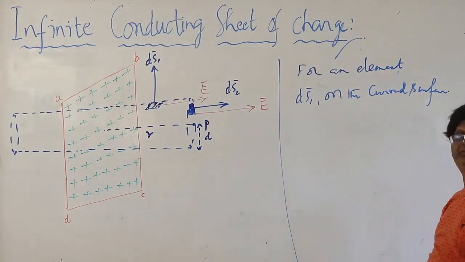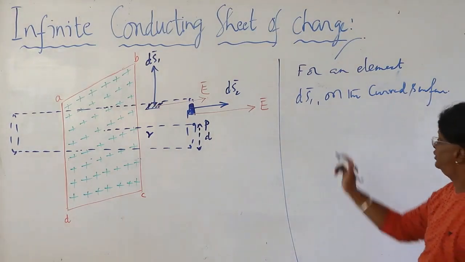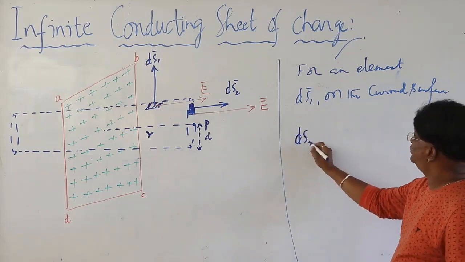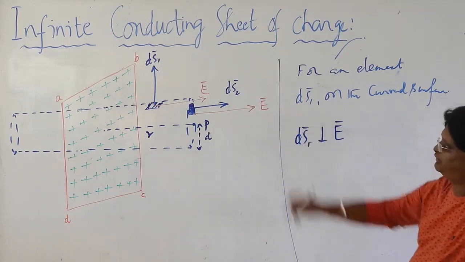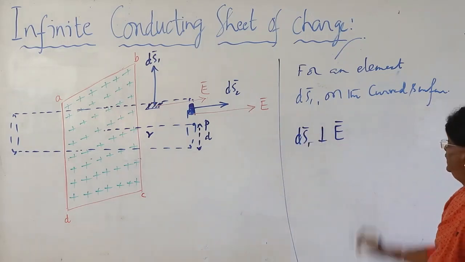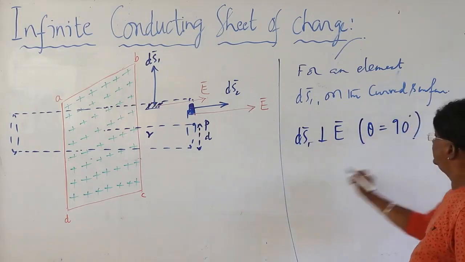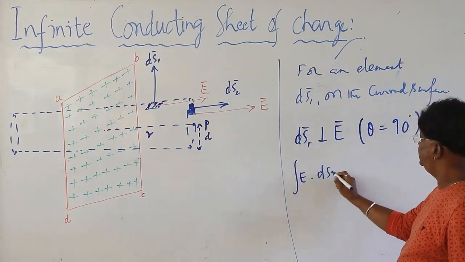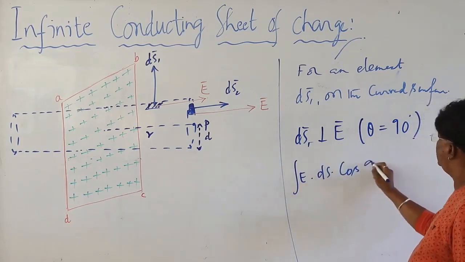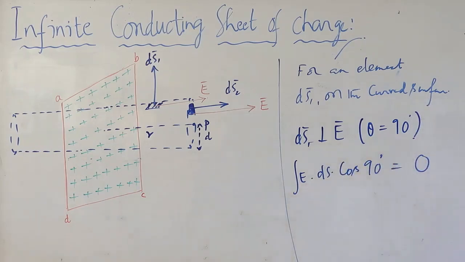Now look at that figure. Now everything you can duplicate, is it not? ds1 bar is perpendicular to E bar, which you can find there. That is, theta is 90 degrees between them. Therefore, integral E ds cos 90 degrees is equal to 0, since cos 90 is 0, right?